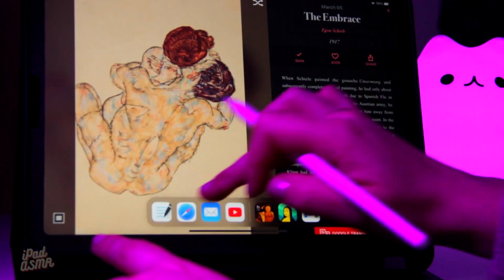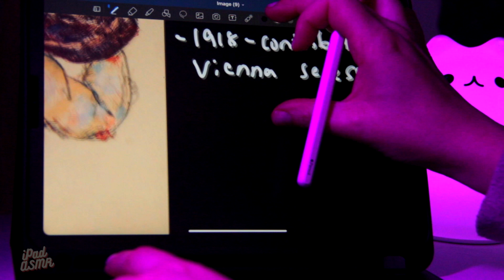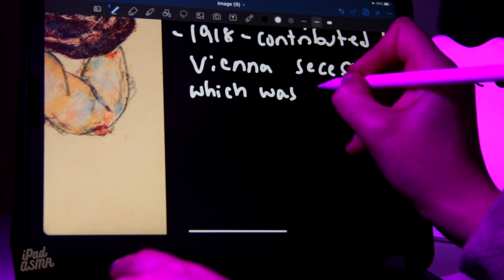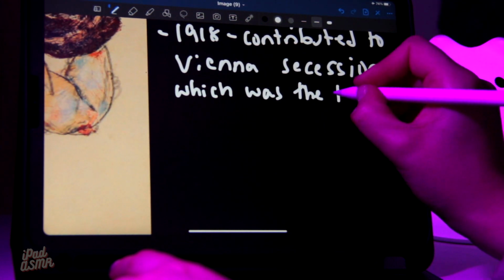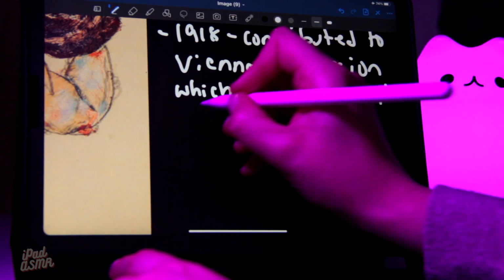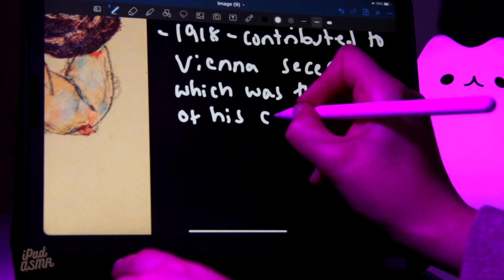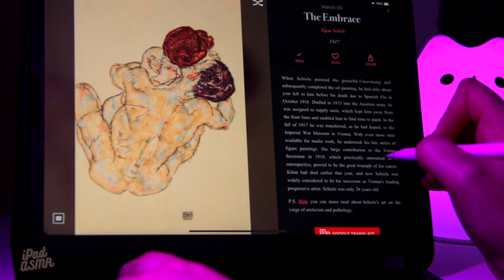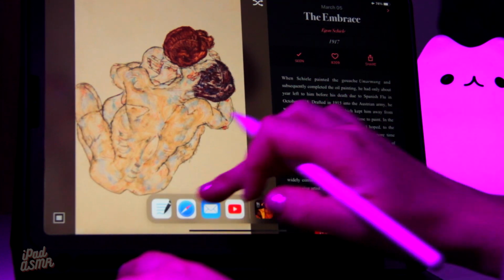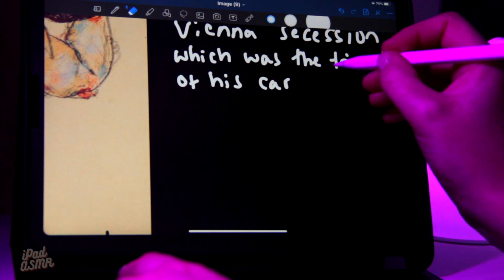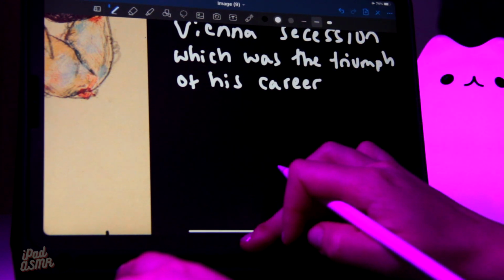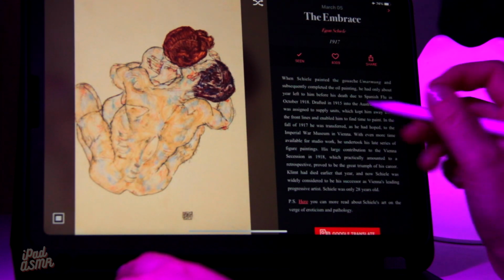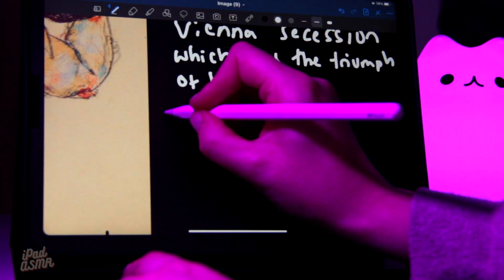Which proved to be a triumph of his career. I can't spell, it's so terrible. Career. And he was 28 when he died.